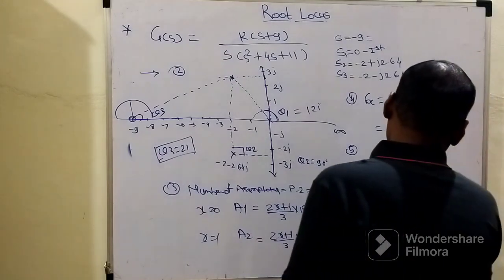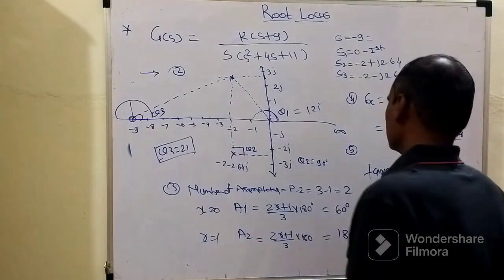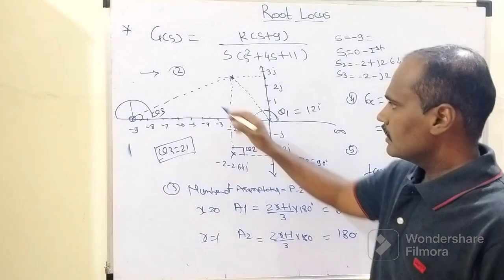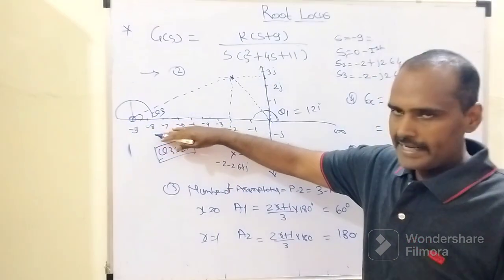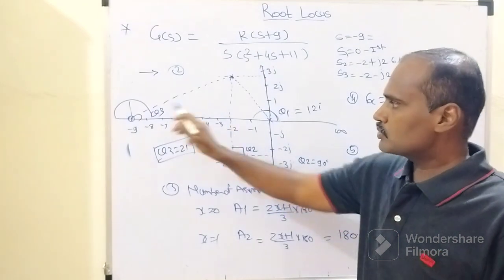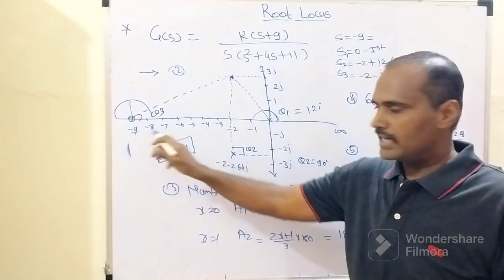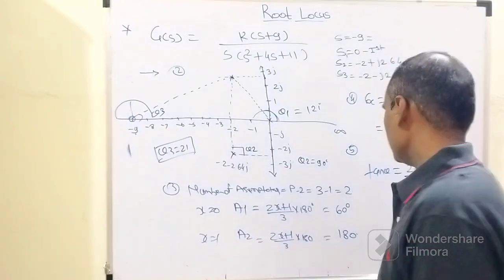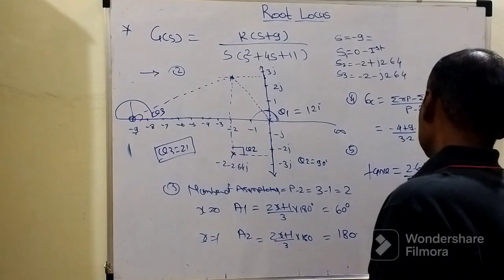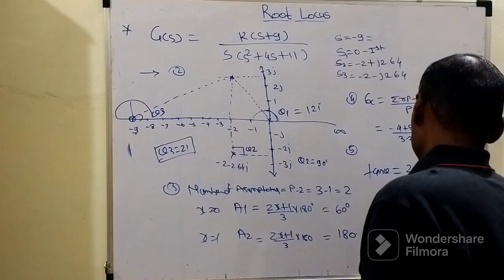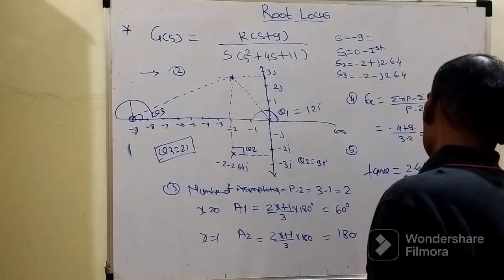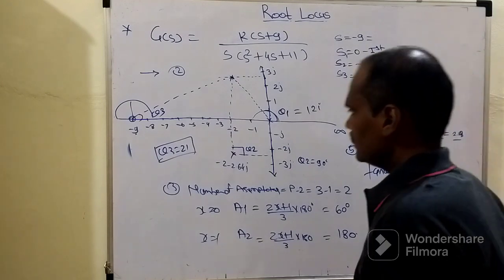So tan theta equals its opposite side 2.64 upon its adjacent side. The adjacent side is this real axis, which starts from -2 and ends at -9. So it is -2 minus (-9), so minus minus again, it will become 7, right? So theta equals tan inverse of 2.64 upon 7. This will give you 20 or 21 degrees.